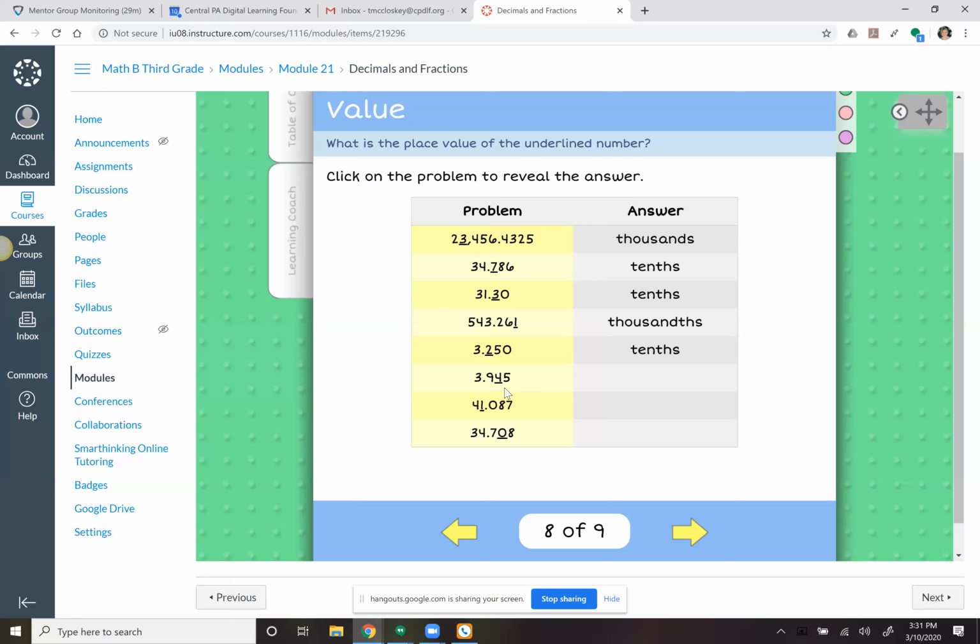The 4 is in the hundreds place. Very good. All right, where is the 1? It is in the ones place. Good, it's in the ones place. Where is the 0? In the hundredths place. Good, it's in the hundredths place.